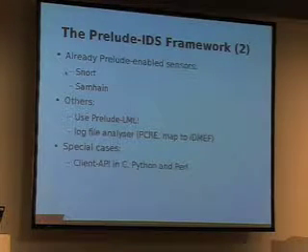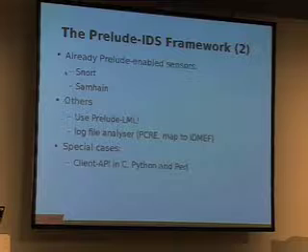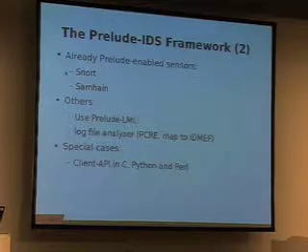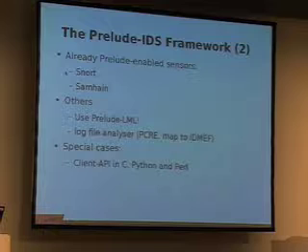For very special cases where you cannot use Prelude LML, you can also use a client API, which is available for C, Python, and Perl, which is a very comfortable way to send IDMEF events.